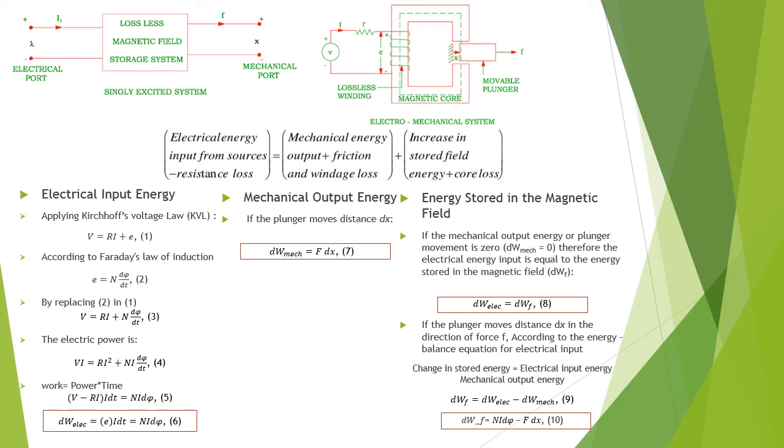For this, using KVL, Kirchhoff's voltage law, the total power supply voltage equals the sum of the EMF plus the resistance of the coil multiplied by the current passing through it. The induced EMF can be calculated by Faraday's law as equal to the number of turns times the change of flux per time.